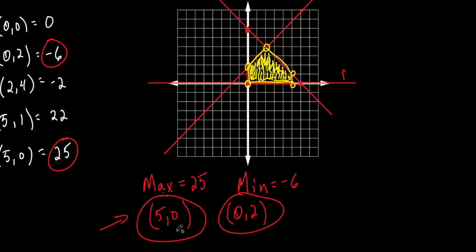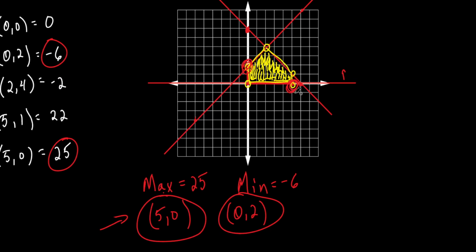So where's 5, 0? Oh, 5, 0, I was thinking going up. Yeah, 5, 0 is this point right here. That's the maximum value, and the minimum value is at 0, 2, which is this one right here.